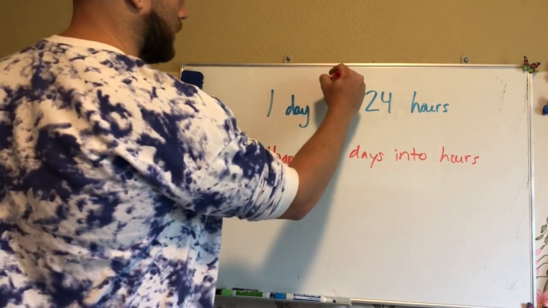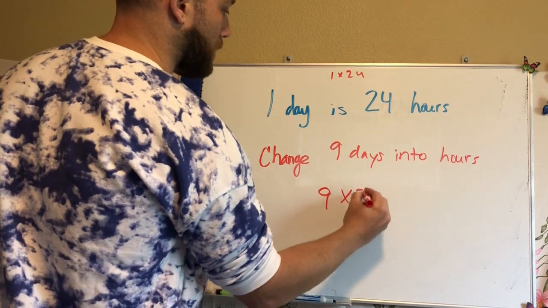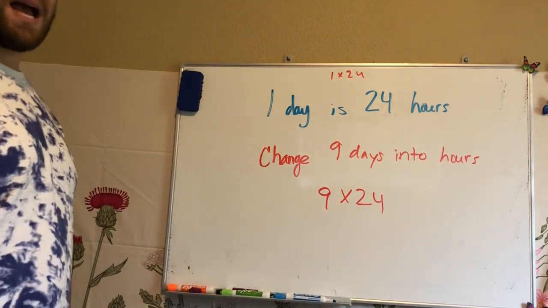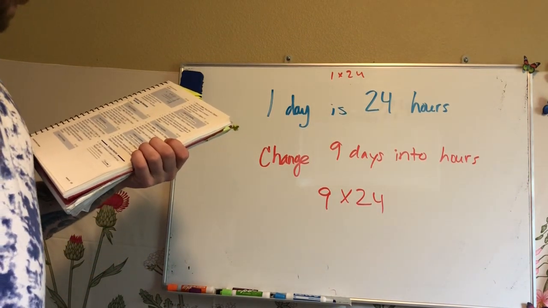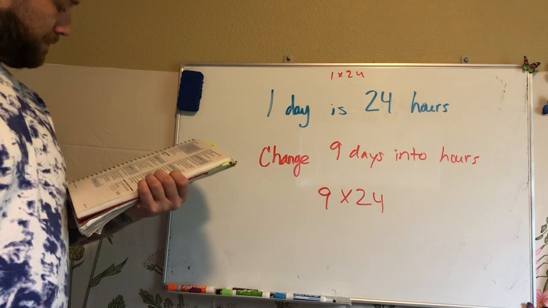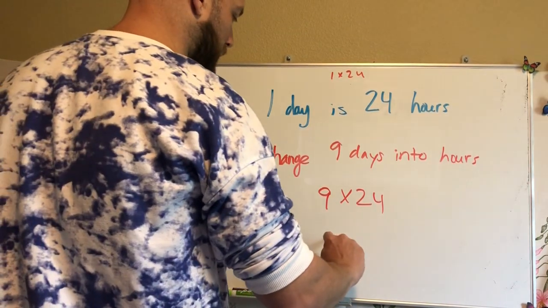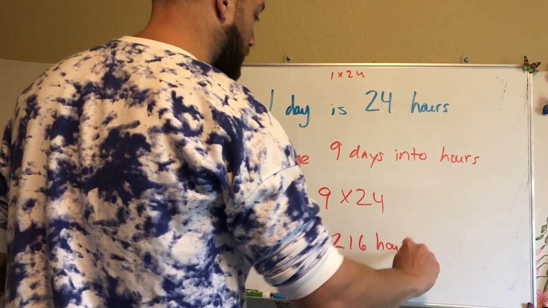If this one was 1 times 24, this one is going to be 9 times 24. Because now I'm doing 9 days times 24 hours in each of those days. So, work the problem. Pause the video if you need to. You should have 216 hours. Now we're solving.